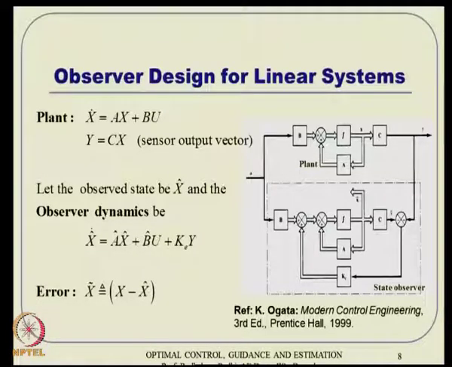You can also represent these two things pictorially something like this. The top portion is nothing but the original system dynamics. x dot is A times x plus B times u, with B times u coming in here, and y is nothing but Cx. So that part is the actual plant, and this plant is the observer.